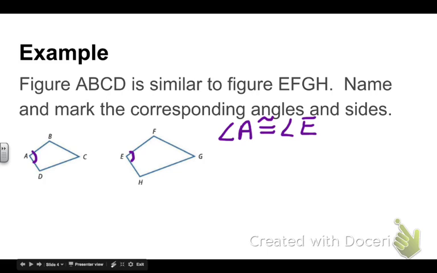Then if I look at angle B, if I mark it with one arc, that means angle A and angle B are congruent, and they are not. So I need to mark that with a second arc.